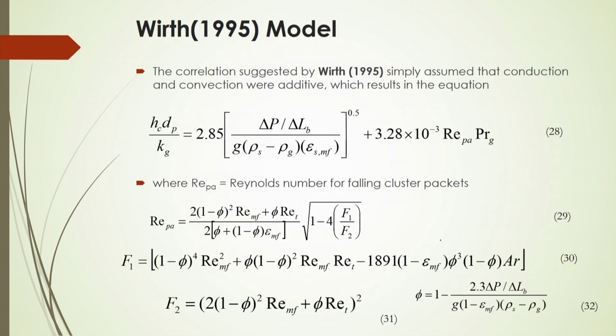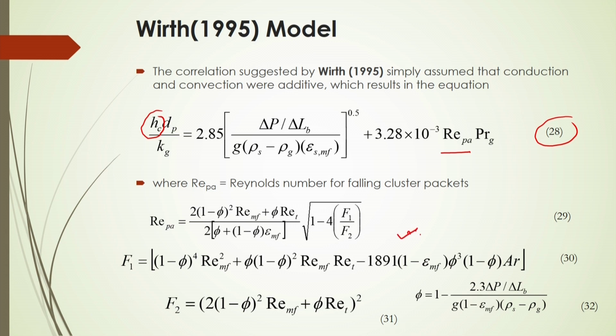Now, as per this model, they suggested a correlation assuming that conduction and convection are additive in nature, which results in equation 28 to predict the heat transfer coefficient for convection. Here, an important term is Re_PA, the Reynolds number for falling clusters of particle packets, which is defined by equation 29.